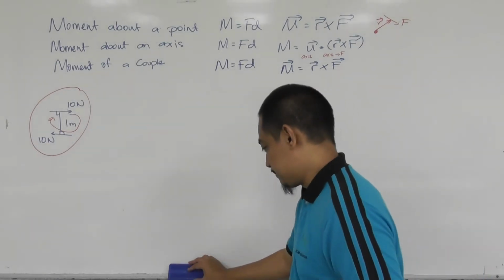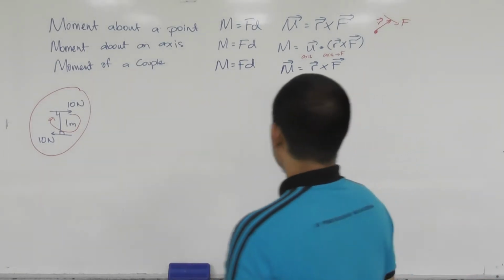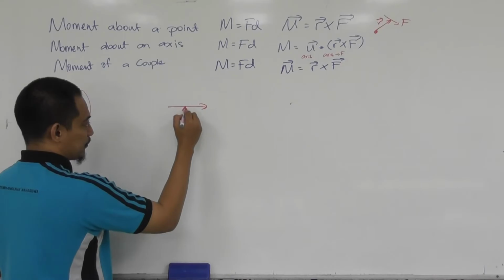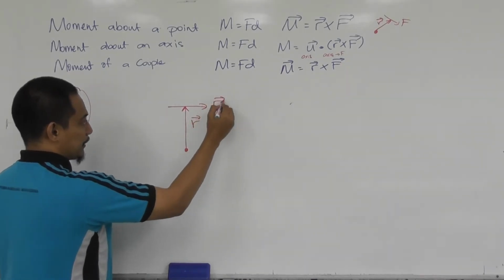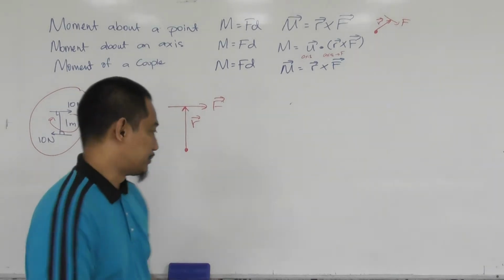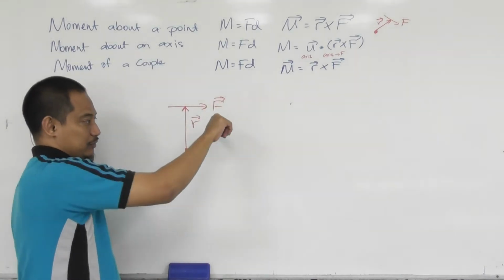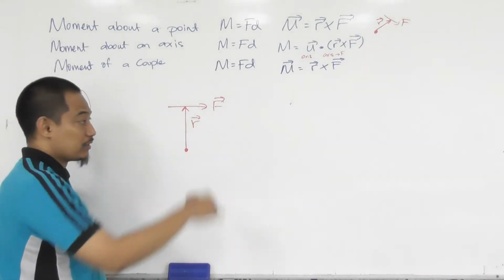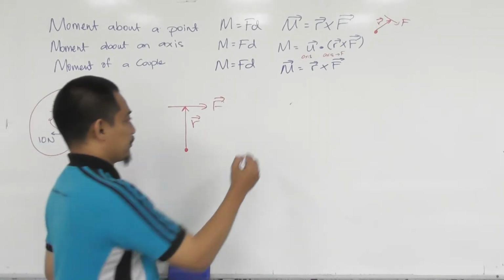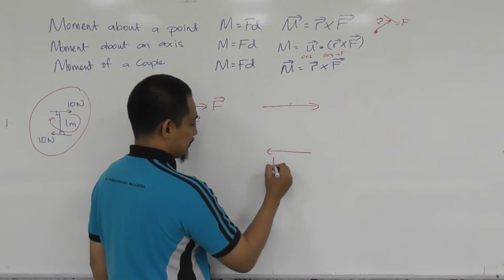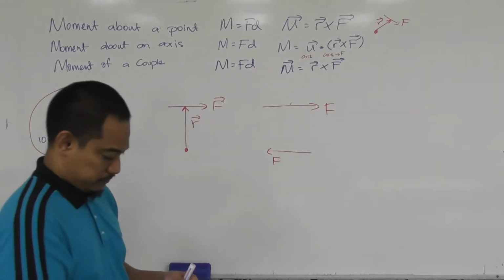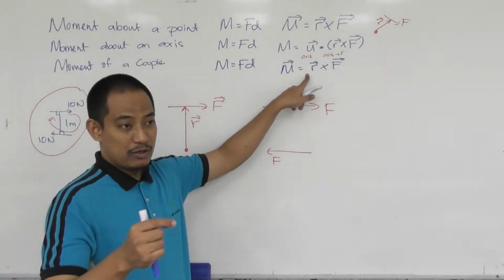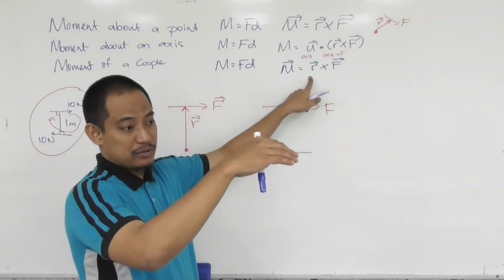Now, if you can imagine that the moment about a point here is when you have a point and a force, R is from there and F is there. If you understand your right hand rule, it's basically R cross F, you get your moment, with your thumb going in, which means it's clockwise. Now, if you have two forces, let's see it like this. Because there are two forces, R is from one point on one of the forces to another point on the other force.